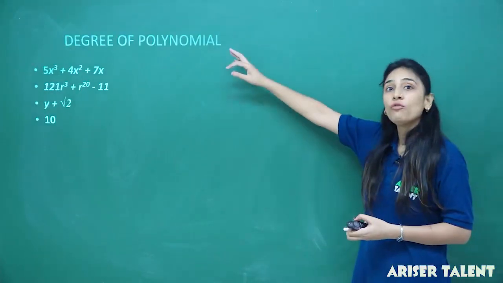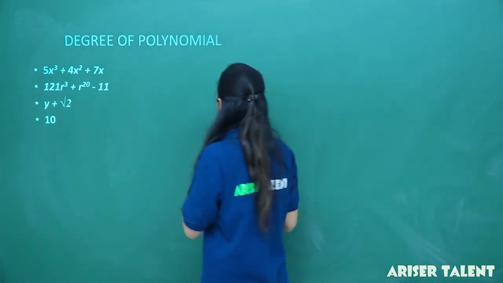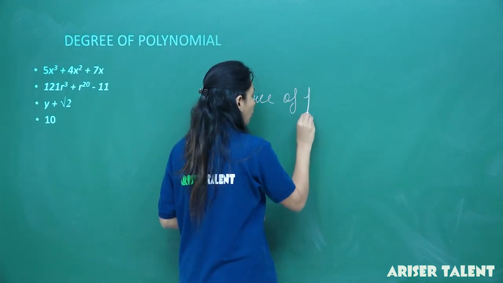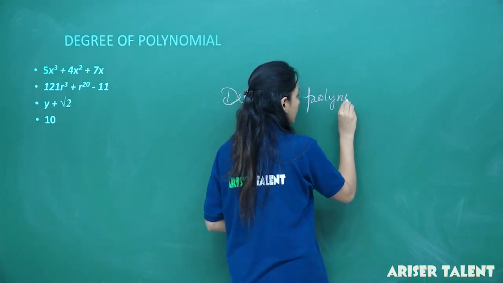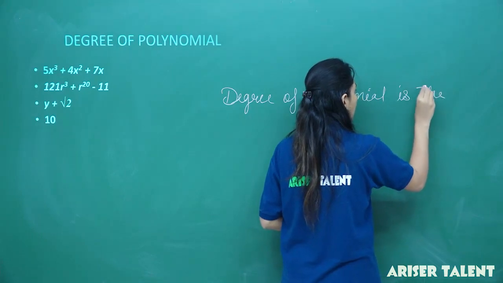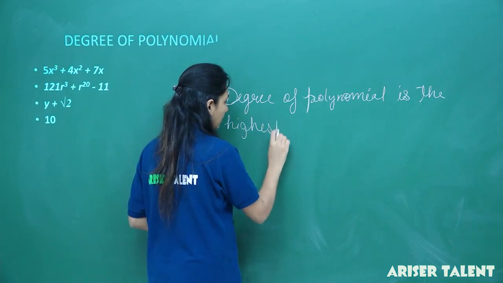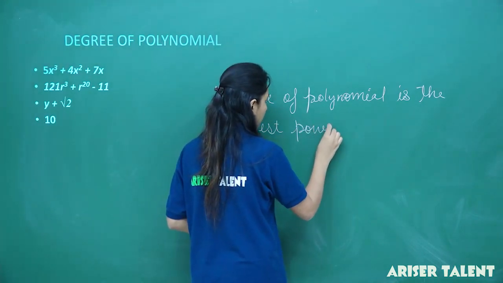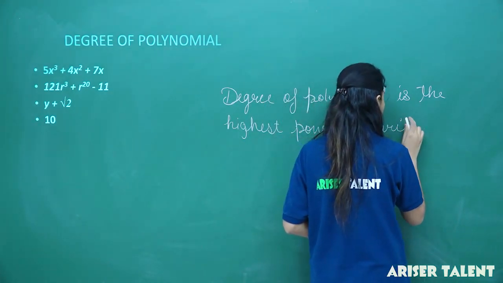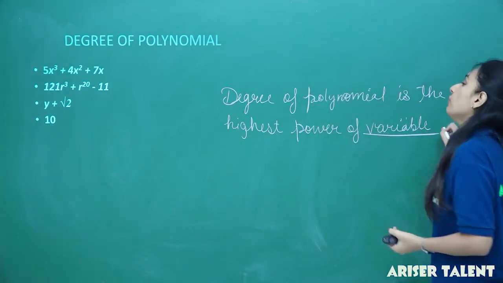Now, degree of polynomial. What is the degree of polynomial? The degree of a polynomial is the highest power of the variable.